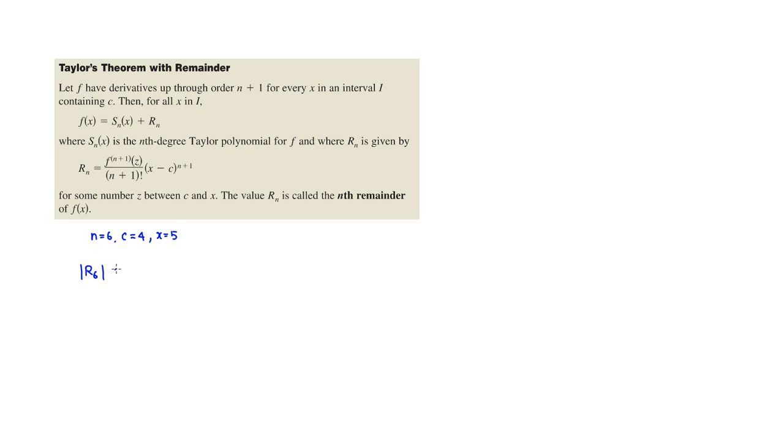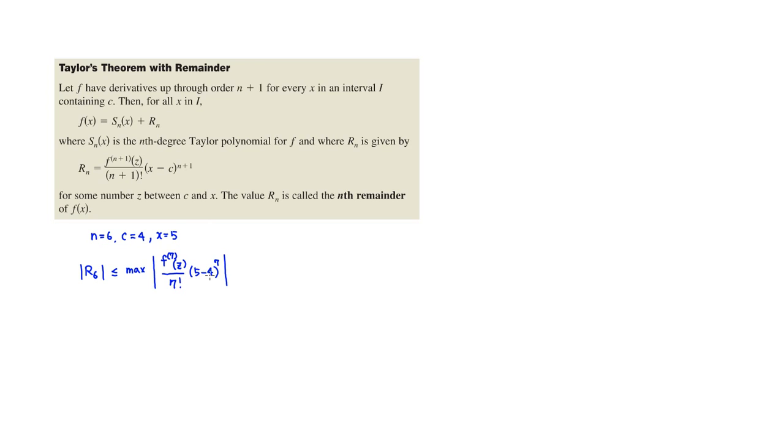This is going to be less than or equal to the maximum possible value of the absolute value of the 7th derivative, because 6 plus 1, evaluated at z, we don't know z yet, over 7 factorial, and x equal to 5, and c is equal to 4, and raise it to the n plus 1, which is 7. Alright, so let's find this. This is going to be the upper bound.